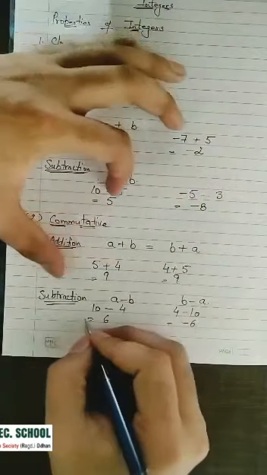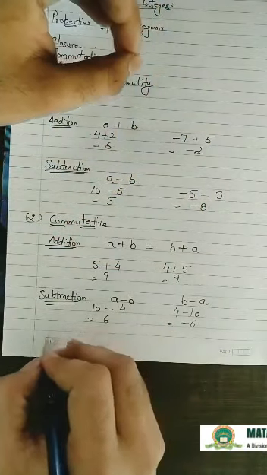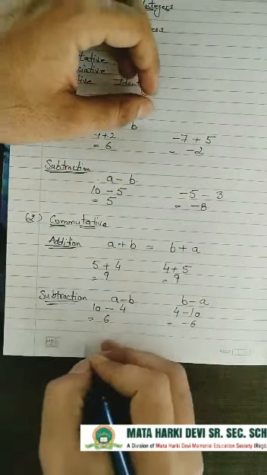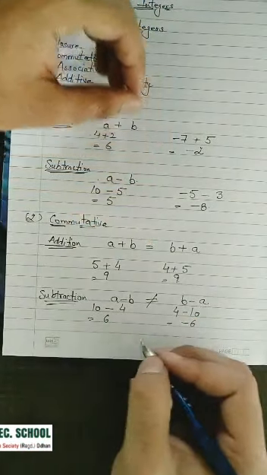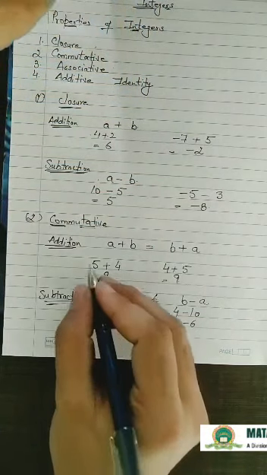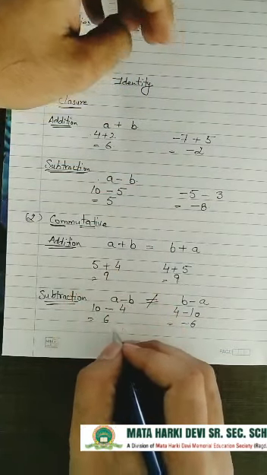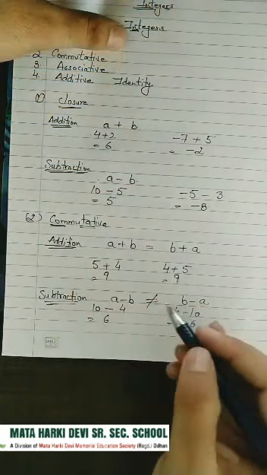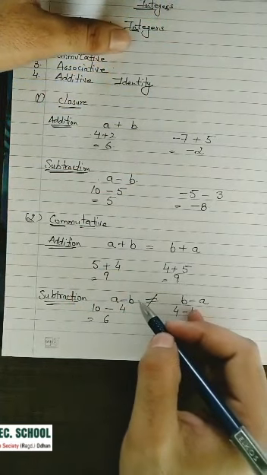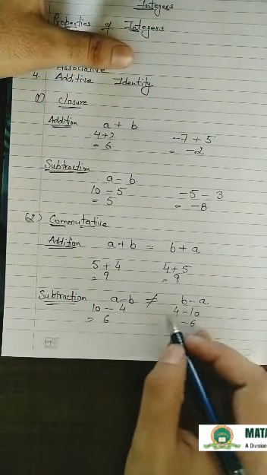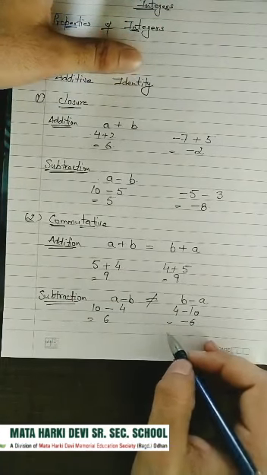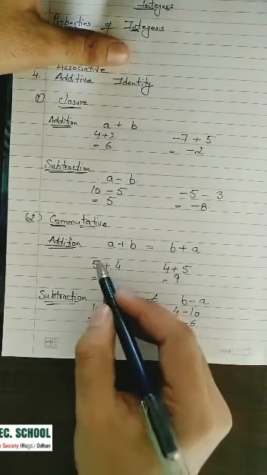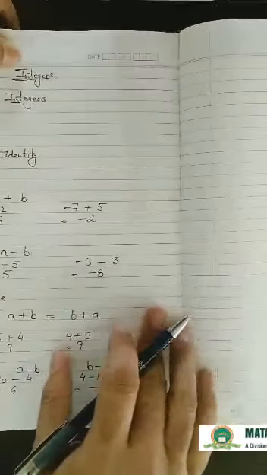So is this property applicable for subtraction? The answer is no. So for subtraction, the commutative property is not applicable because this depends on the position of the numbers. If we change the position and do the same calculation, the result is different in subtraction but the same in addition. So it is only applicable for addition.